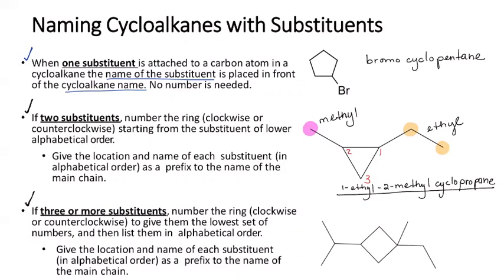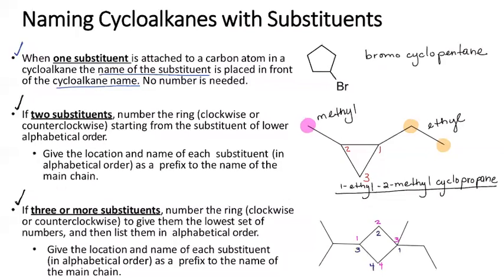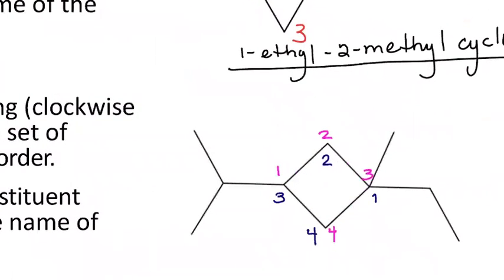Now, let's say that I go 1, 2, 3, 4, this direction, or I go 1, 2, 3, 4. I could have also gone below, just because I see that specifically my substituents in both directions are going to be in 1 and 3.